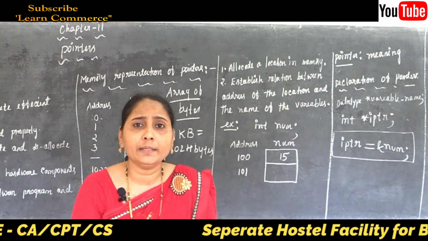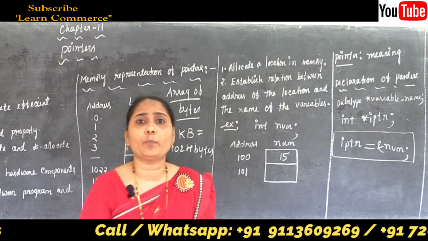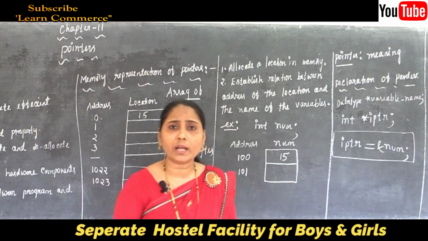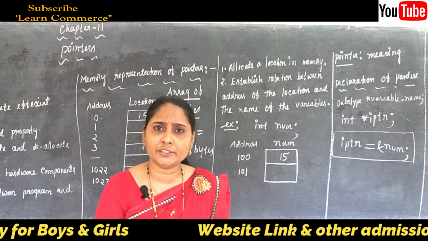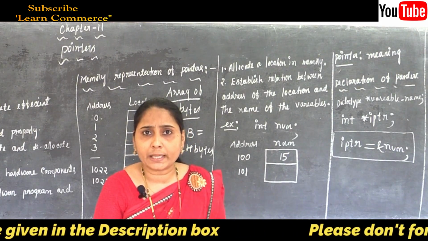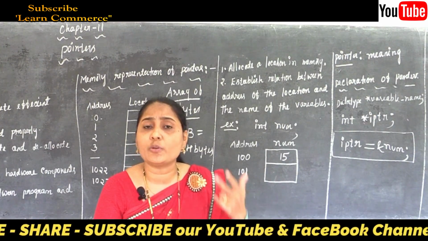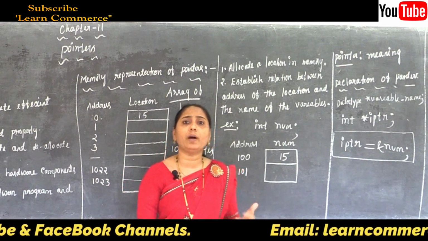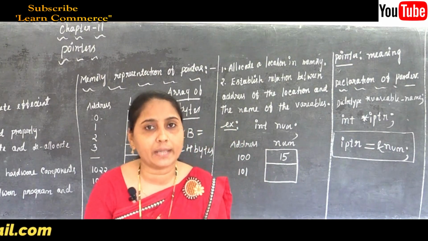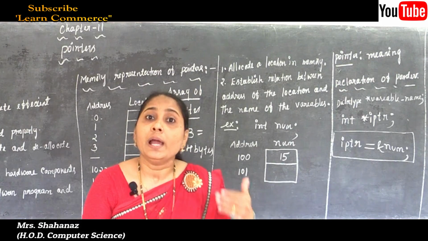So what data type are we going to use in the declaration of the pointer? The data type is any valid data type. What valid data types are there? Maybe int, char, float, all of these come under valid data types. So any kind of data type supported by C++, or any user defined data type, we can also use in the place of the data type here.